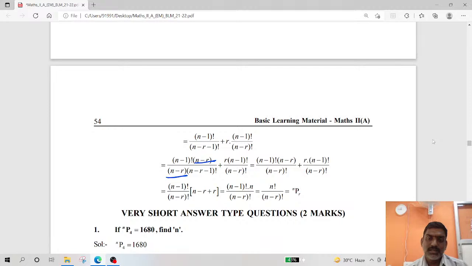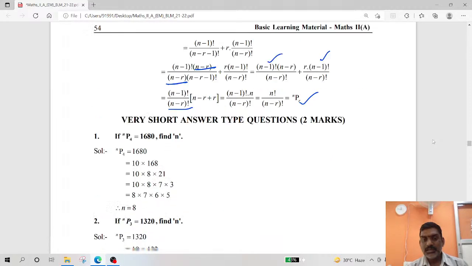So (n minus r) factorial is the LCM. Here we have (n minus 1) factorial, and here also we have (n minus 1) factorial; take it outside. Then n minus r plus r, the minus r and plus r get cancelled, giving (n minus 1) factorial times n divided by (n minus r) factorial, which equals n factorial divided by (n minus r) factorial. That is nothing but nPr.